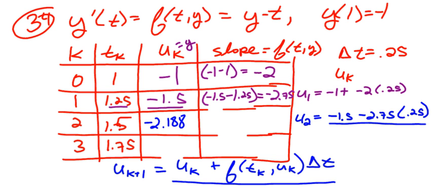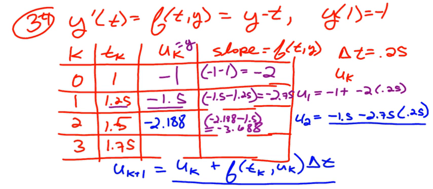Then, finding my slope, I plug in negative 2.188 minus 1.5, and this equals negative 3.688.